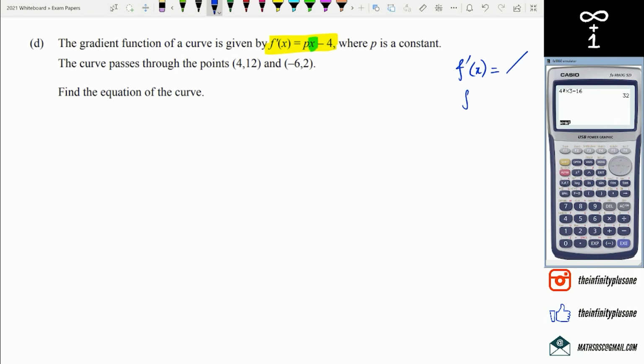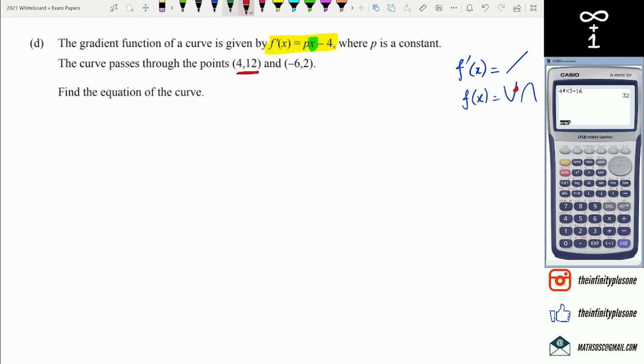When I integrate this, I'm going to get f of x. Because it's a straight line, when I integrate it, I'm going to get a parabola that either looks like this or like this. The other thing is there are two points. First we've got this one point here, and let's just put it randomly somewhere there.